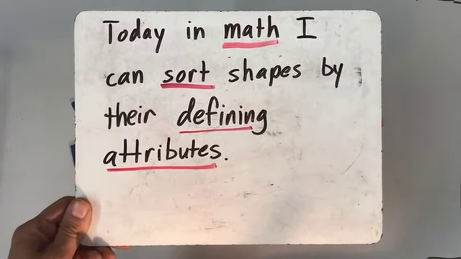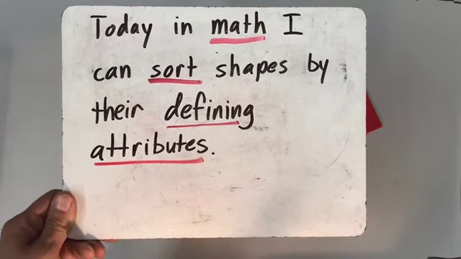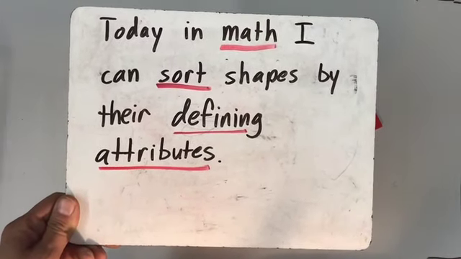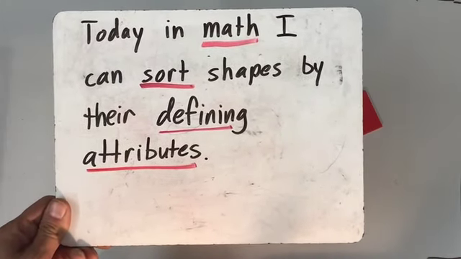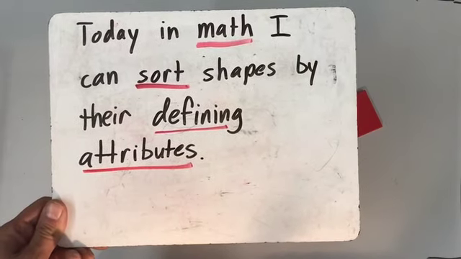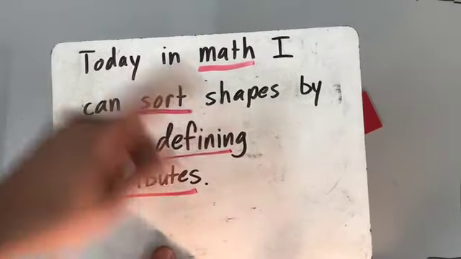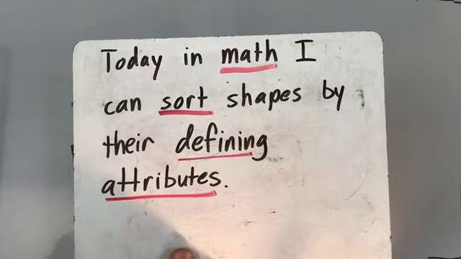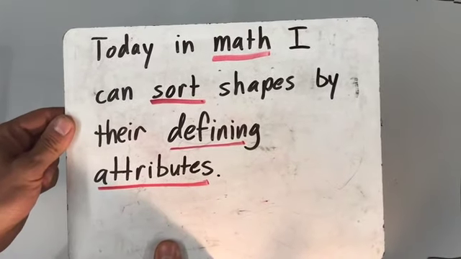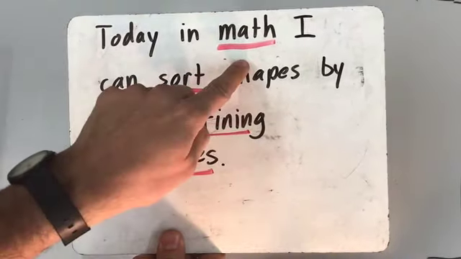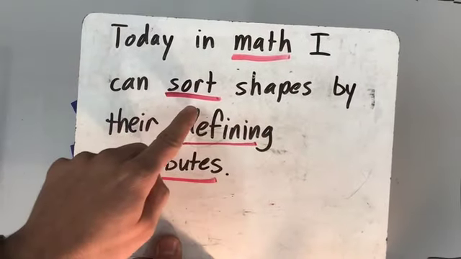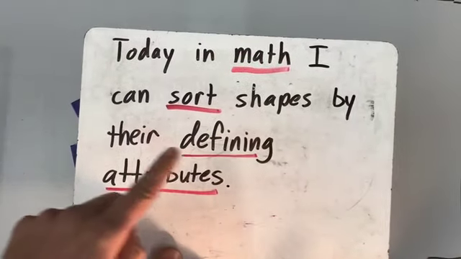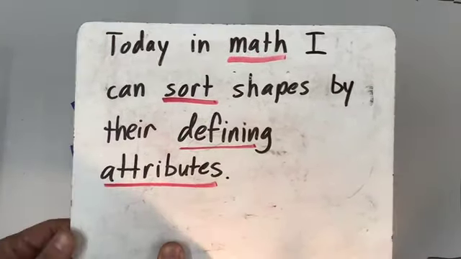And if you haven't, I suggest you watch it because we're going to be talking about defining attributes, and it's important that you know what defining attributes are. So I read it one time. Let's read it together the second time. Today in math, I can sort shapes by their defining attributes.